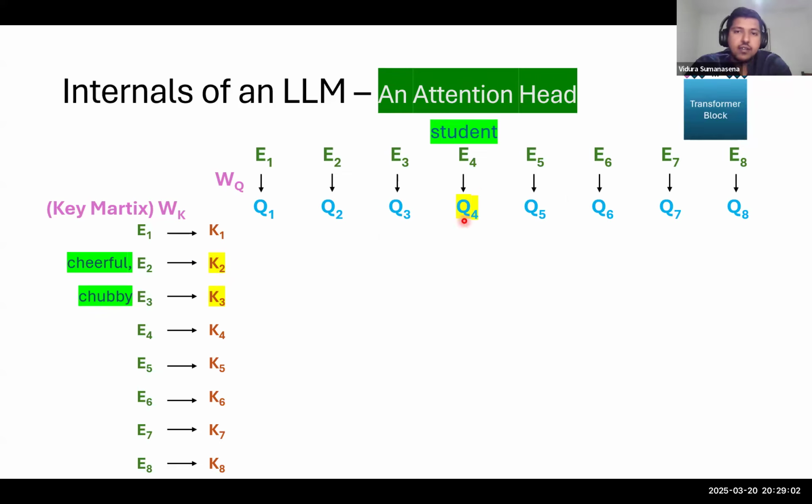So in order to give the answer for this query, cheerful and chubby will have similar vectors, with less cosine distance.